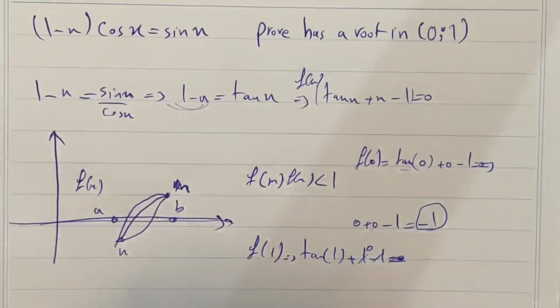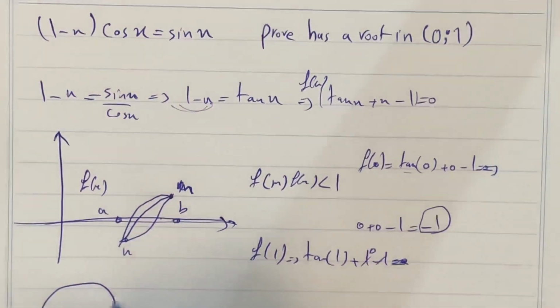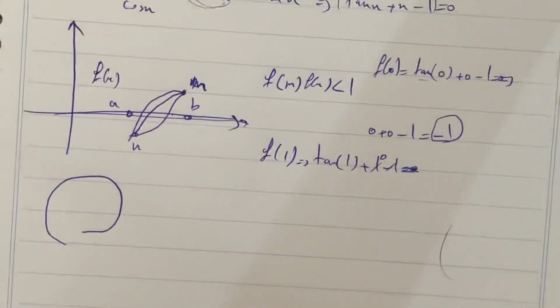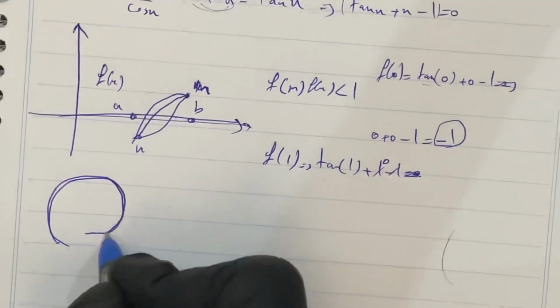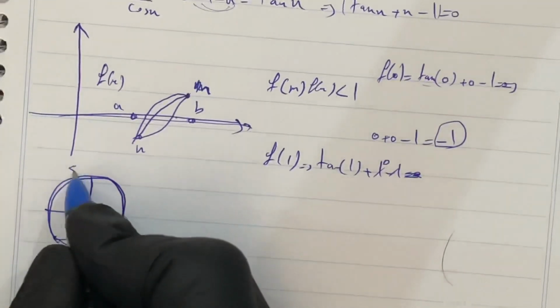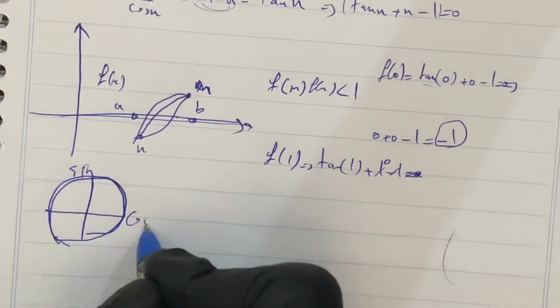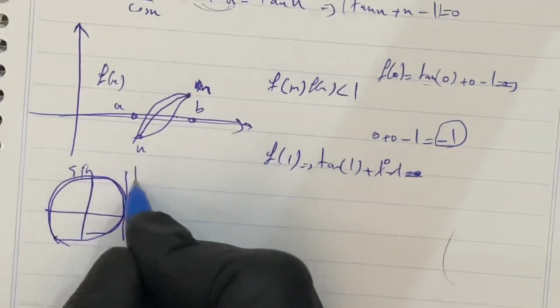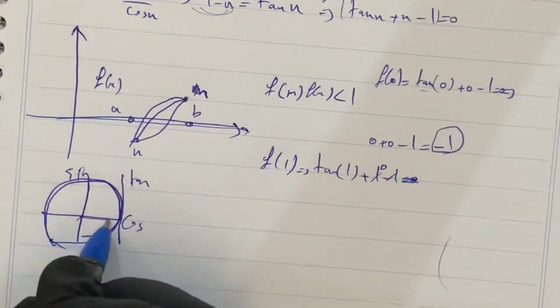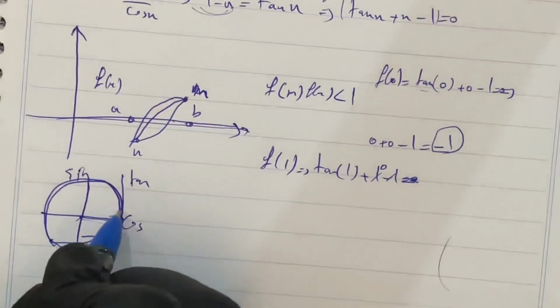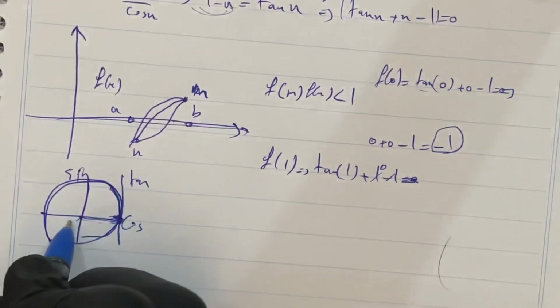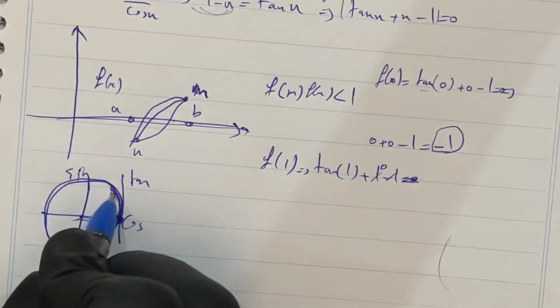And for tangent of 1, if we look at the trigonometric circle, this is sine, this is cosine, and this is tangent. If you imagine this, 1 is positive, so it would be somewhere like this.